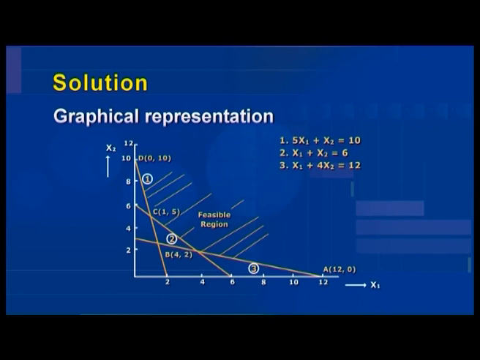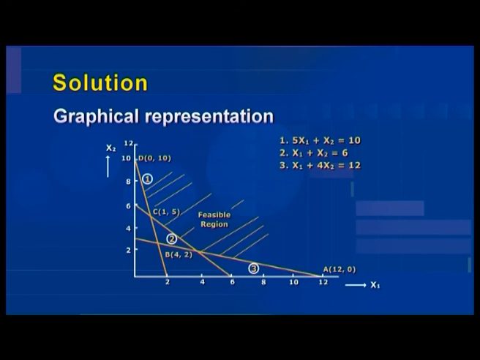Similarly, for the second constraint we take x2 = 6, and in the third equation, 4x2 = 12 gives x2 = 3. All three equations are plotted on the graph and indicated by the shaded area as shown in the figure.